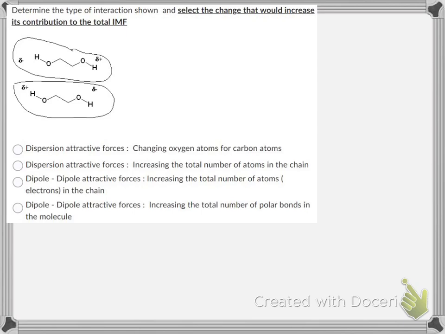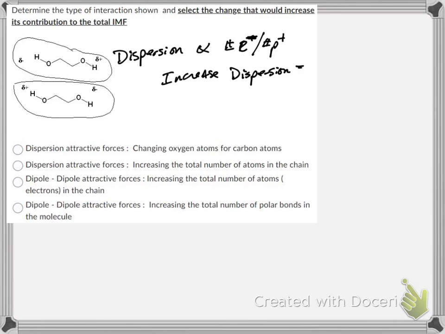Right, so this question is, what is the interaction and what would you change to increase its contribution? First we recognize this as dispersion. It's got a big circle over the entire molecule. Partial charges are placed independent of the atom identity. Dispersion increases with more atoms, more electrons and protons.